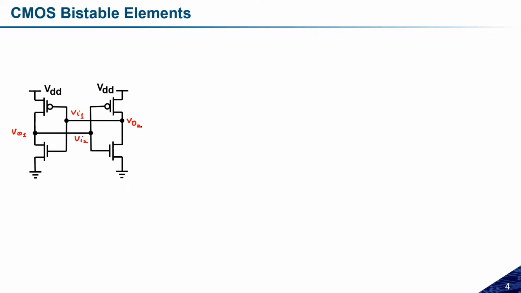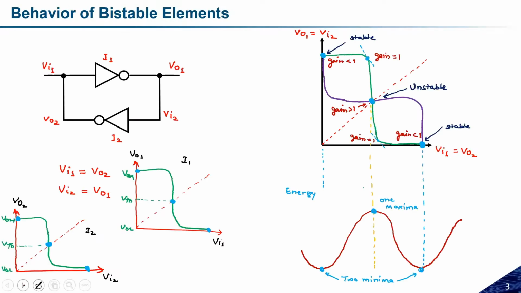Now let us consider the circuit is in the unstable state. Unstable state means what? Like in the previous slide, we studied that the point where both the transistors in a single inverter are in the saturation region, we can call the unstable point.